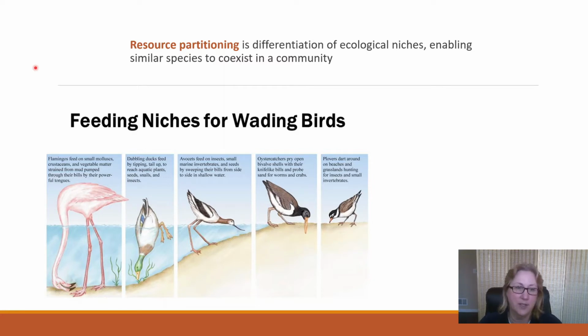And this is an example with wading birds. We have birds that live on a lake shore, and they have similar diets, but they take advantage of different niches. With flamingos filtering animals out of the silt from the bottom of the lake, and all the way up to plovers who are picking insects out of the sand above the high tide line.